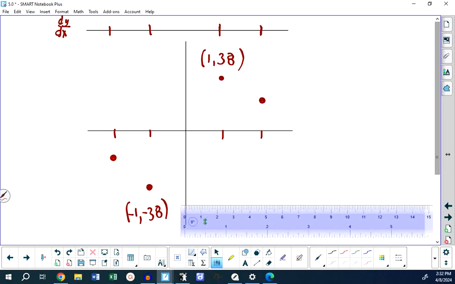The first derivative was positive, and then it changed to negative, then it changed to positive, then it changed to negative, then it changed back to positive. By the way, we can throw in our intercepts too, can't we?